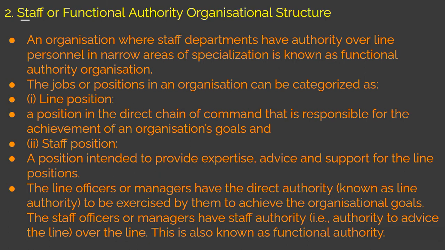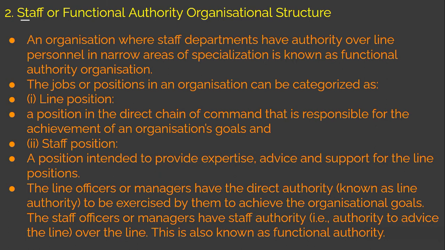So they cannot enjoy power over the line officers, as line officers have ultimate authority, and this staff authority that they are enjoying to give special expert advice is known as functional authority.